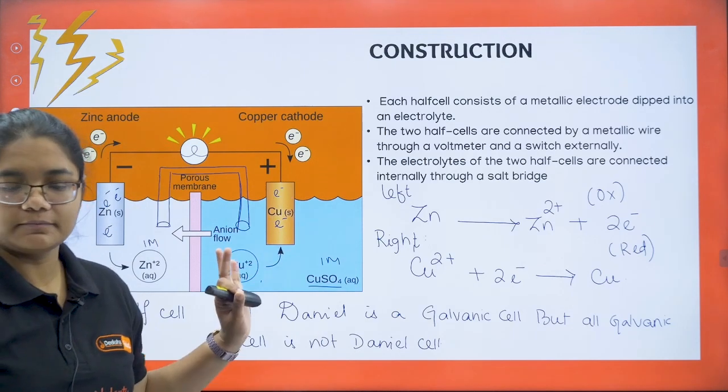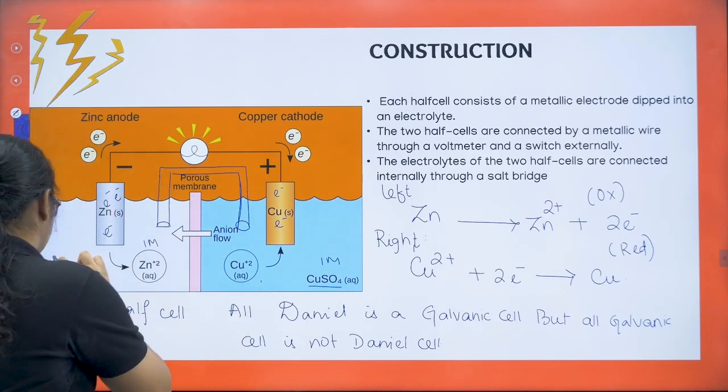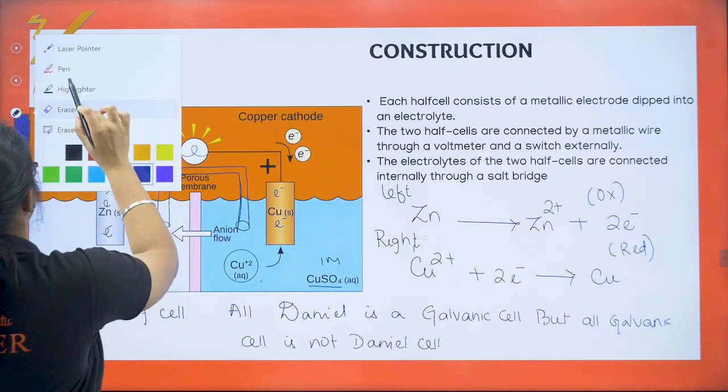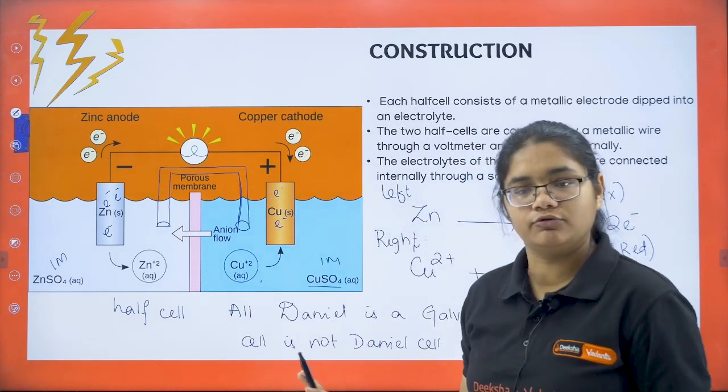That is very clear here. One more thing you should remember, the concentration of ZnSO4 and the concentration of copper sulfate should be 1 molar. Clear this one? I hope this is very clear to all of you.